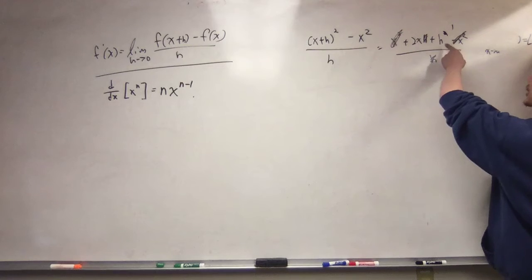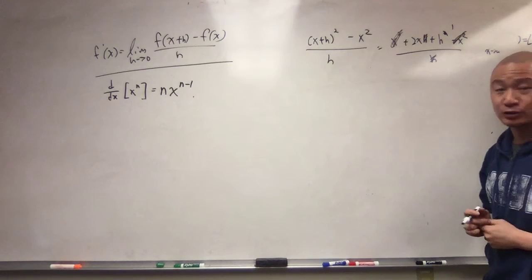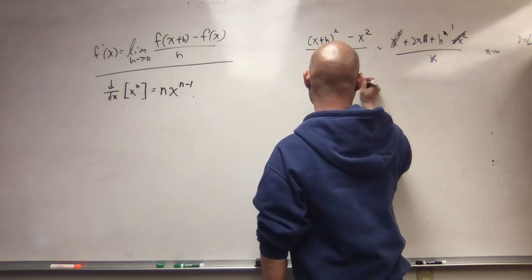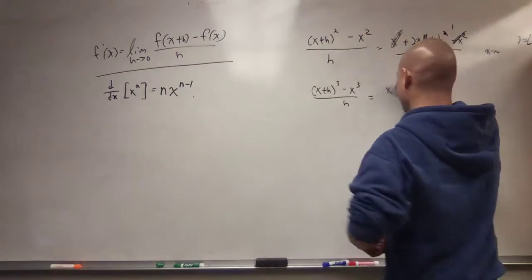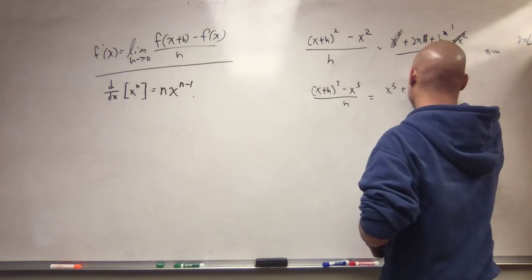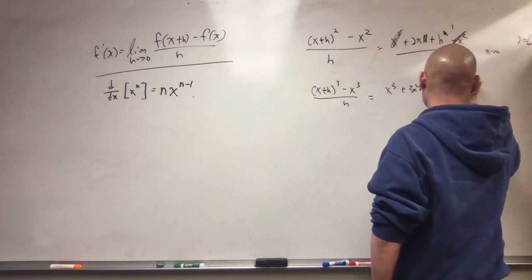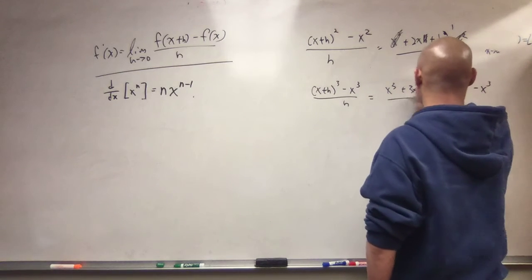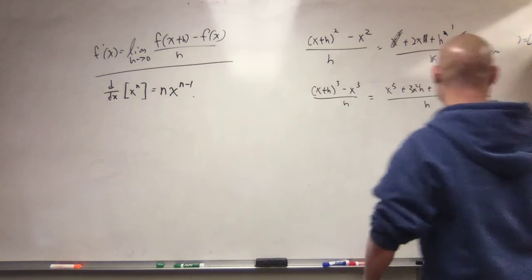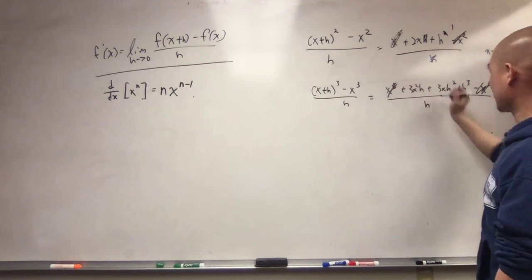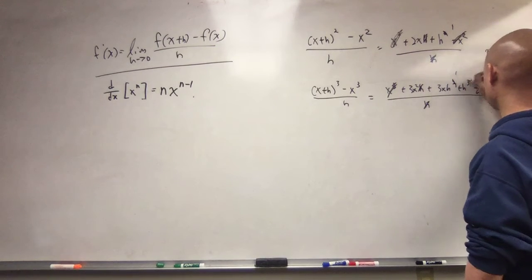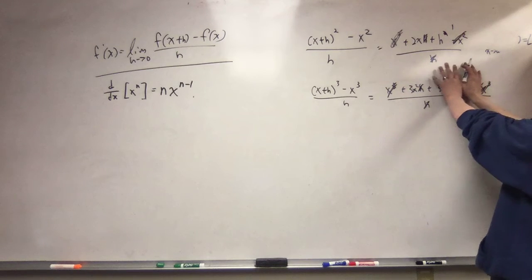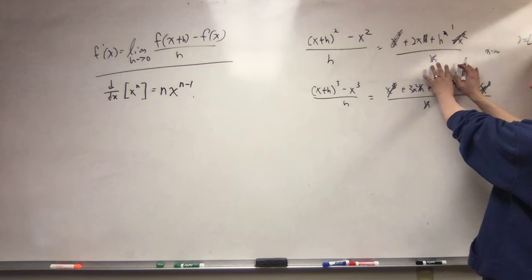And then if I plug 0 in for h, I'm just left with the 2x. If I have x plus h cubed minus x cubed over h, then I get x cubed plus 3x squared h plus 3xh squared plus h cubed minus x cubed over h. This cancels that, and that becomes a 1, becomes a 2. And now if I plug in 0 for h, those two go away, and I'm just left with the 3x squared.